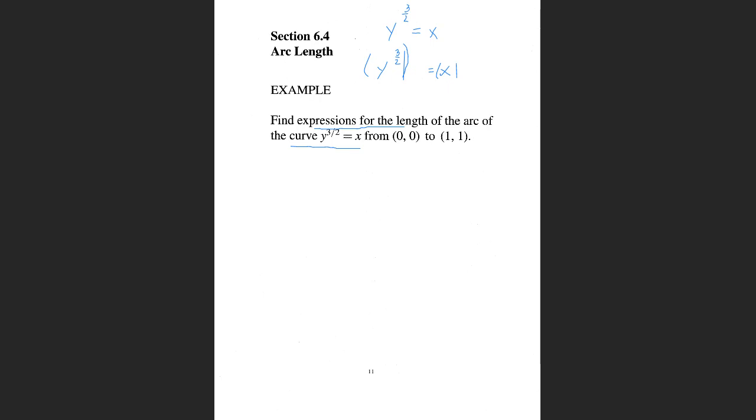If we wanted to graph this arc in our calculators, for instance, we're used to y equals, in decimals, y equals. Right, we have to raise, that's right, Jacob, we have to raise both sides to the 2/3 power.